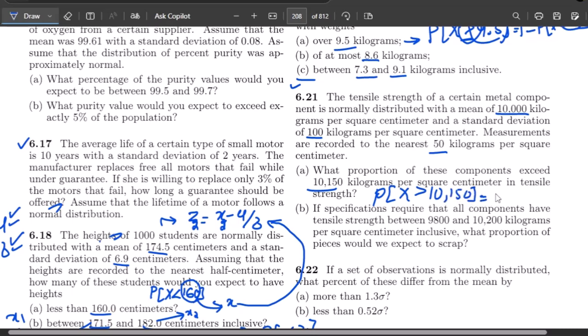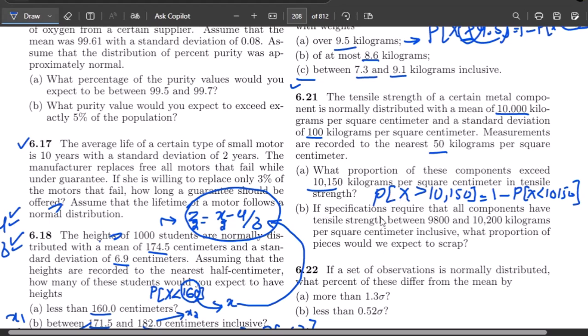We convert it into the z value using the formula, but the z distribution table is not applicable directly because x is greater than this value. So we find the value which is less than 10,150 and subtract it from 1.